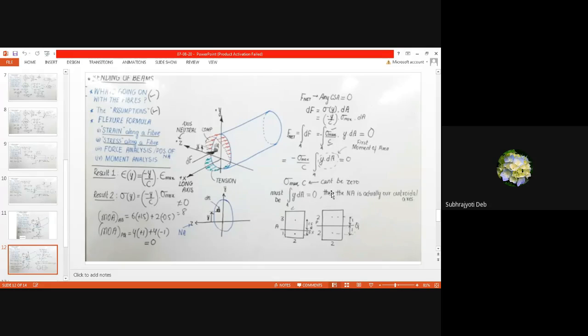Make a note of this. If integration of y dA is equal to 0, then the neutral axis is actually our centroidal axis. This is a very important conclusion. And to see how we get to this conclusion, you will see this example.